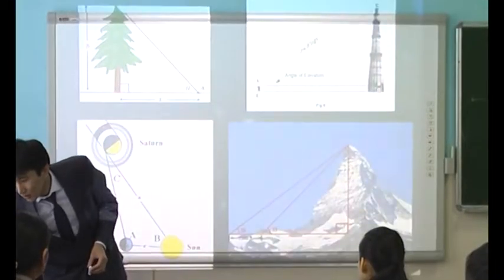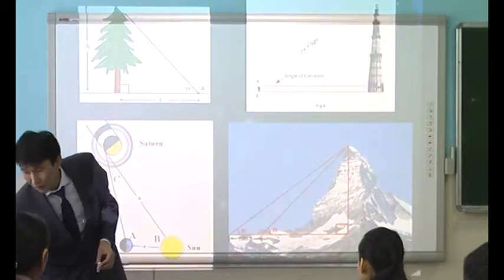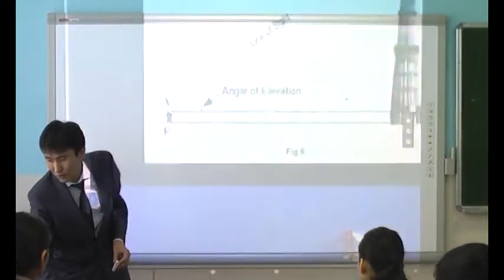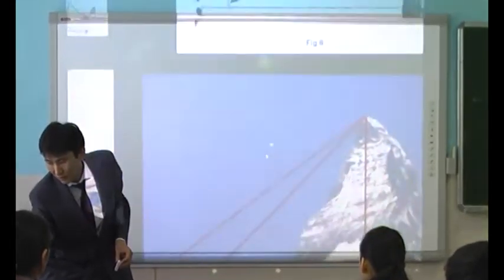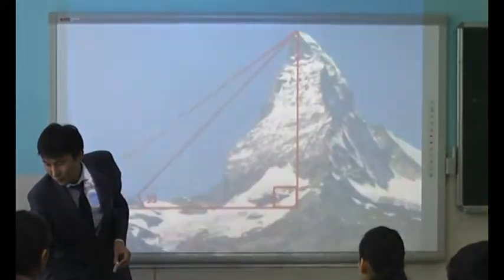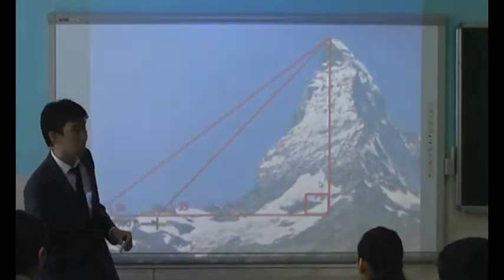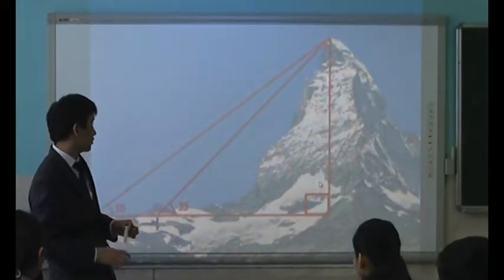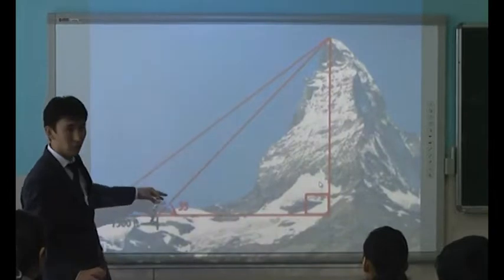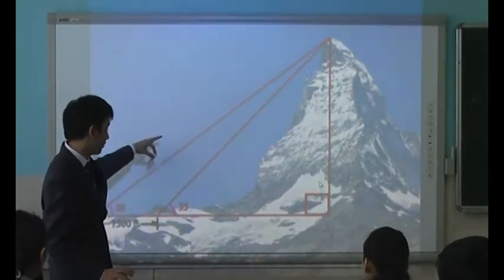And also here we can find the height of this building. Okay, what about this mountain? It's very, very big. How can we measure this? We can calculate it with the help of trigonometry.